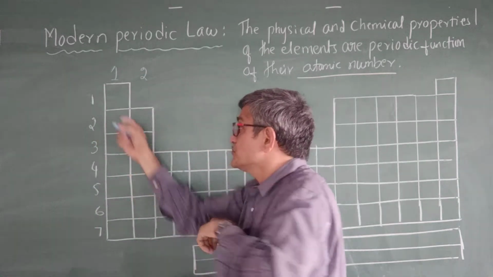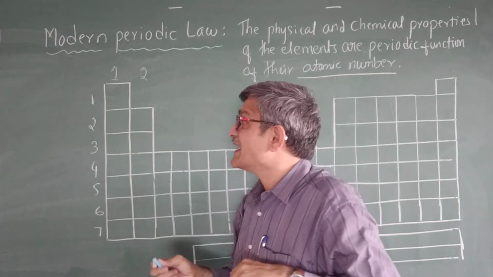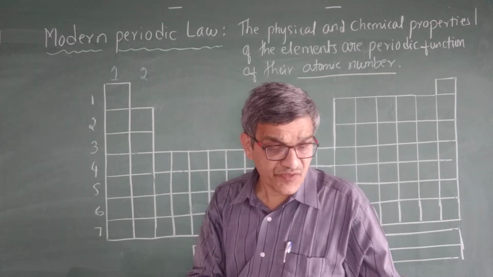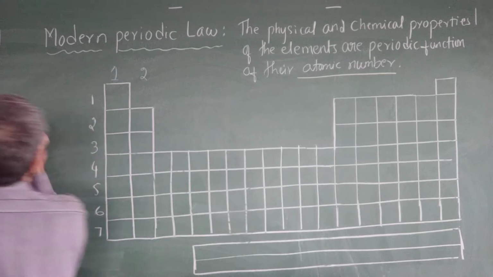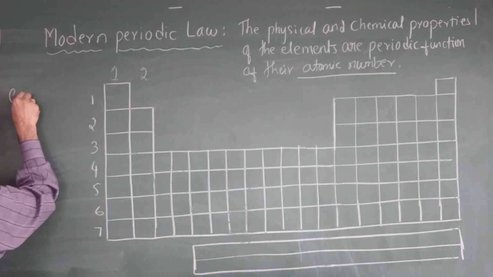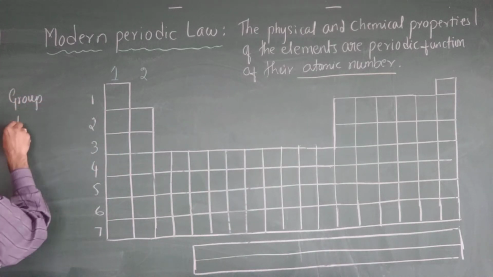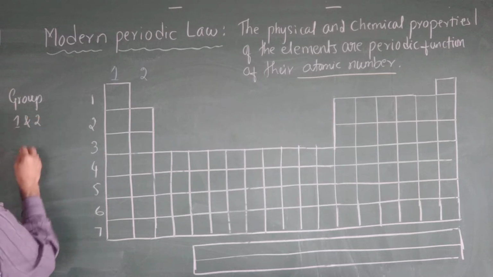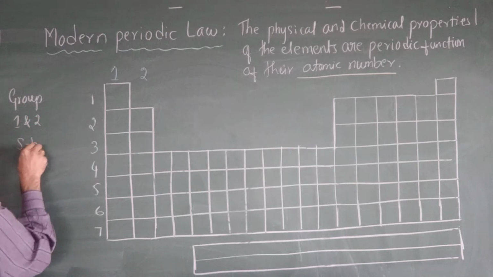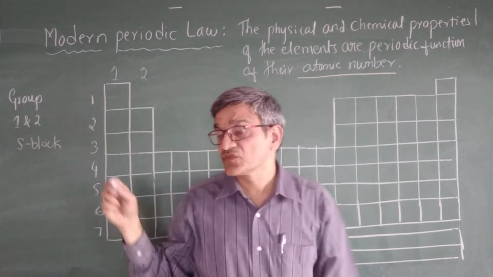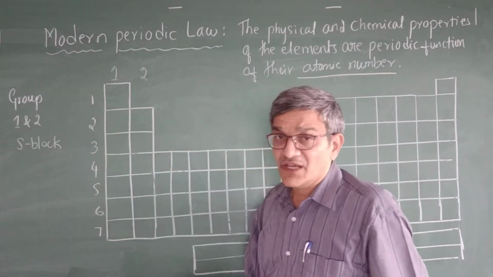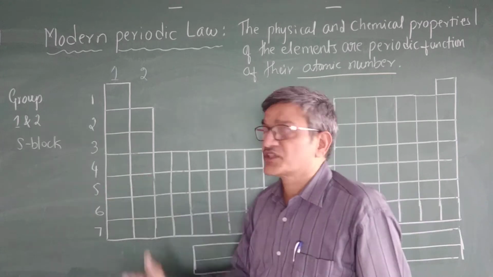These two group elements are called S block elements. Groups 1 and 2 are called S block elements, which are present on the left side of the periodic table.